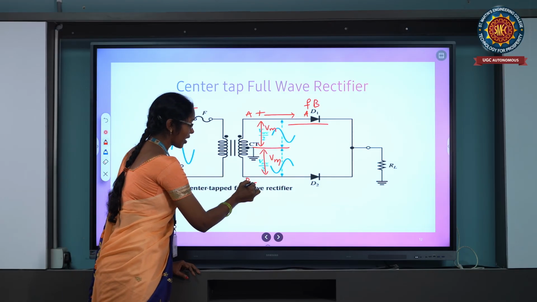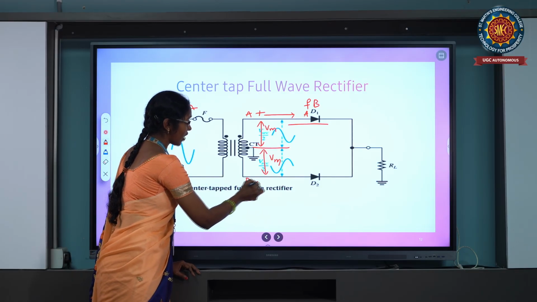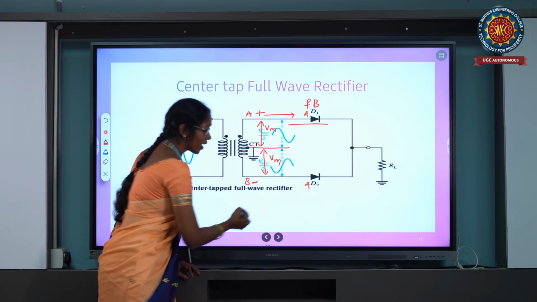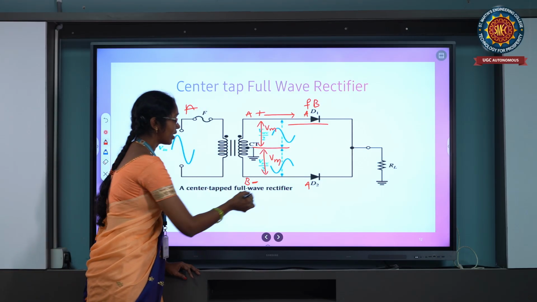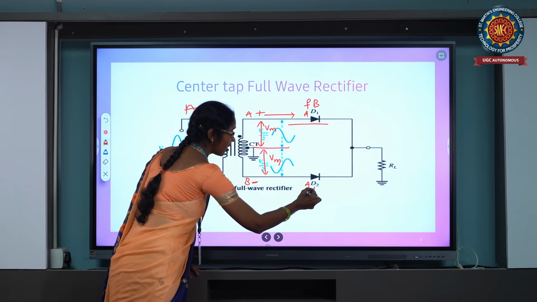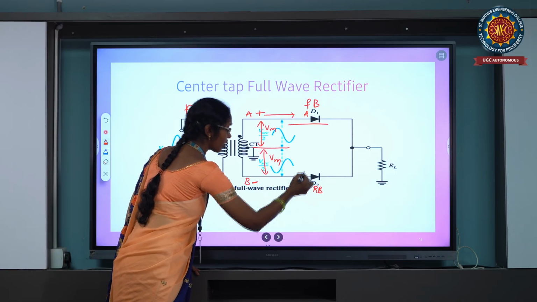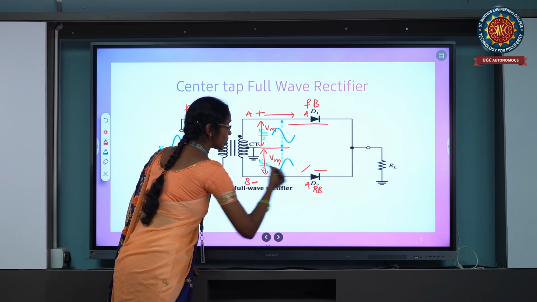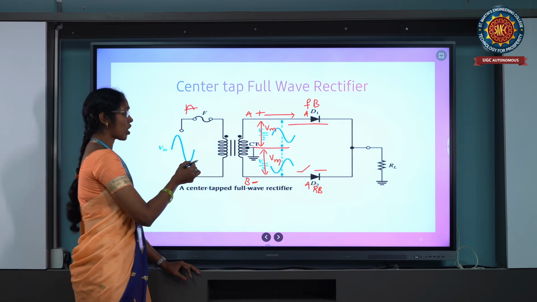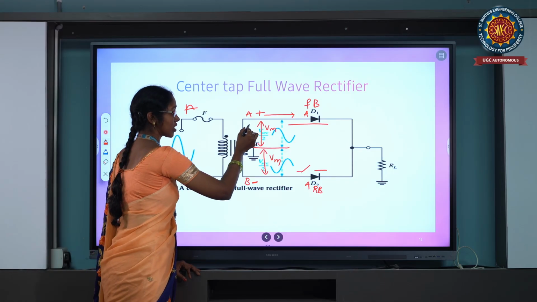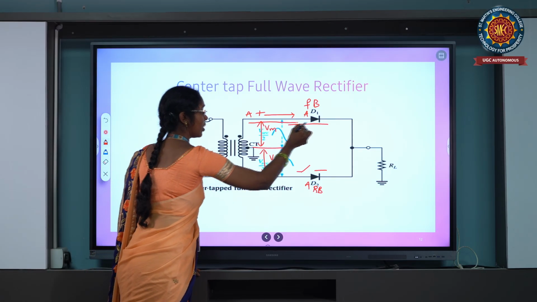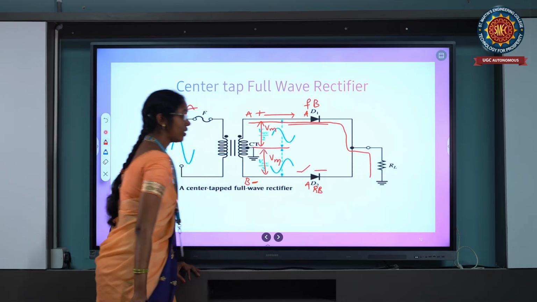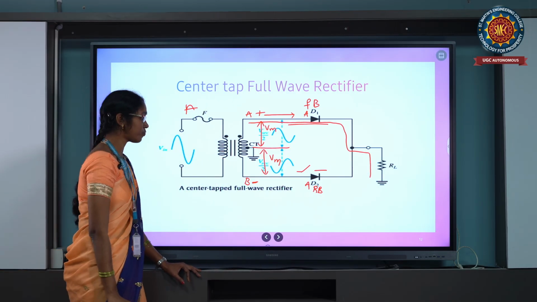At the B terminal, we get a negative voltage connected to the anode terminal of diode D2, so D2 is in reverse bias condition and acts as an open switch. So during the positive half cycle, the current flows from the A terminal through diode D1 and load resistor RL to the ground.